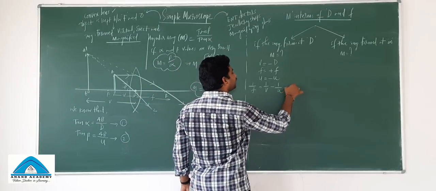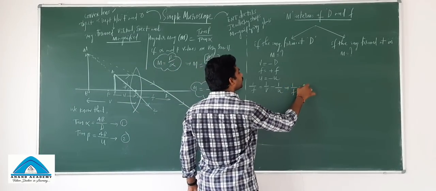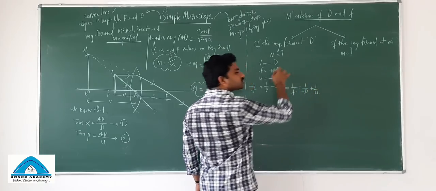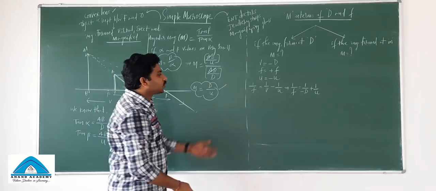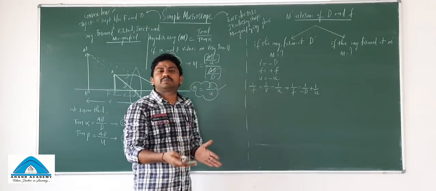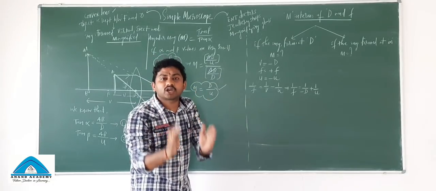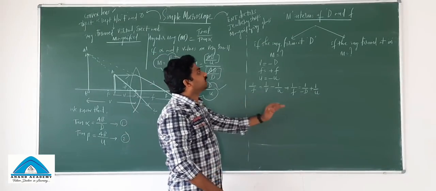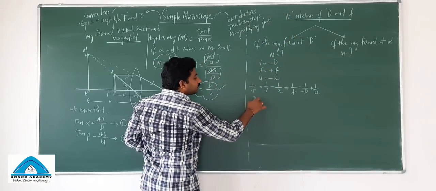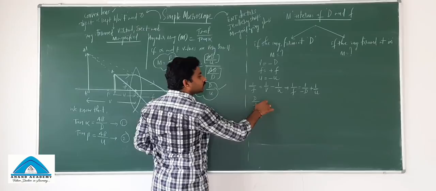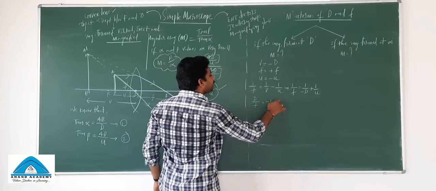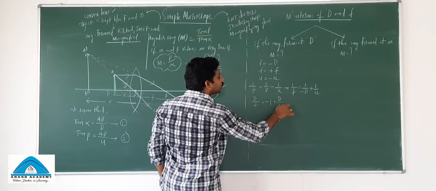Here, 1 by F is equal to 1 by minus D, minus of minus plus, so 1 by U here. One more interesting thing: both sides I am multiplying with capital D because we need the expression in terms of D and F, right? So D by F is equal to D by minus D, which will be minus 1, and plus D by U here.